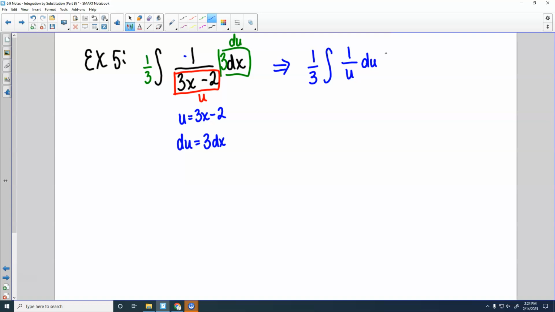And the integral of 1 over u is the natural log of the absolute value of u. So you're going to get 1/3 natural log absolute value of u plus c. And we got 1/3 natural log absolute value of 3x minus 2 plus c.